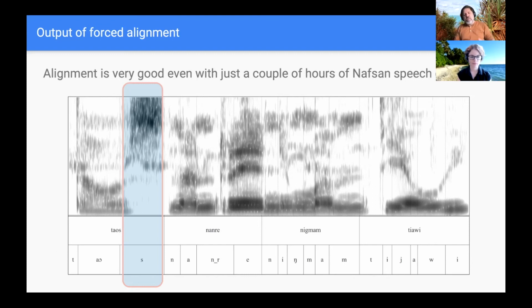The frequency there is on the y-axis, and the further towards the top is more high frequency excitation in a sound like S. And here we've got a nasal sound with its characteristic antiformants. And you can see that it changes between consonantal information and vowel information, and does a reasonable job at splitting those things up.